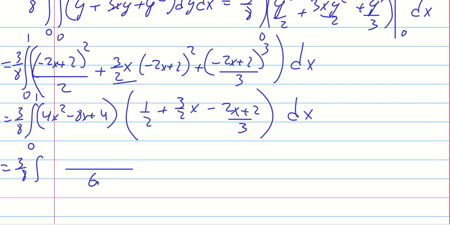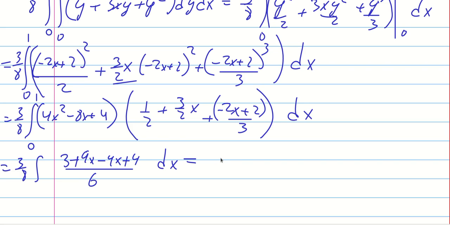So 6 is the common denominator, and we multiply this one by 3, so we get 3 + 9x, and over here we multiply by 2, so -4x + 4. dx.